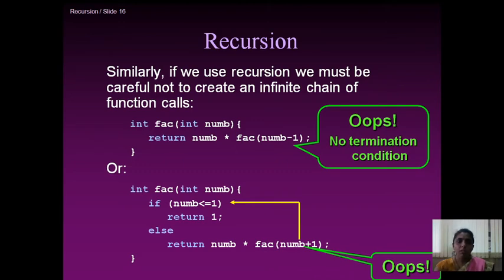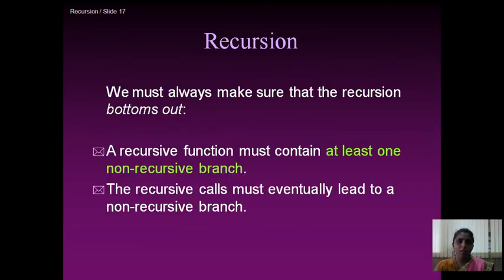So whether we are using recursion or iteration in our program, we need to be very careful to decide the conditions. In the case of recursion, we need to decide a proper base condition, otherwise we will reach an infinite loop. We must always make sure that the recursion bottoms out, and the recursive function must contain at least one non-recursive branch. Non-recursive branch means there should be one base condition.